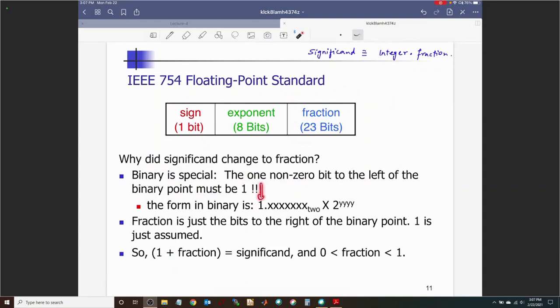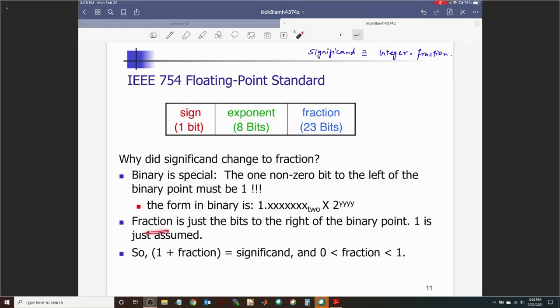This is always going to be 1 point, a bunch of bits represented by x over here, base 2, multiplied by 2 raised to the exponent. The exponent over here is indicated using y's. So any number, whether positive or negative, large or small, fraction or integer, you can represent using 32 bits using that scheme.